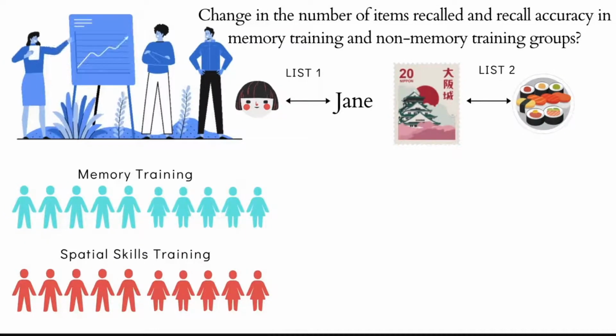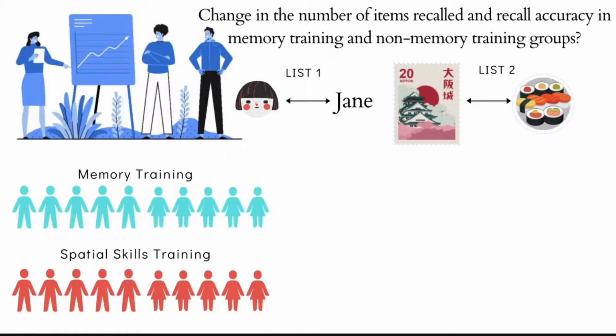So let's look at some mock data that has been generated for the recall tests across the two groups. Remember that the participants in each of these groups have not been subject to any active training yet, and therefore we are getting a pre-training measure of their performance in the recall test.